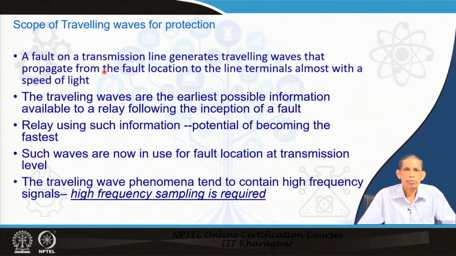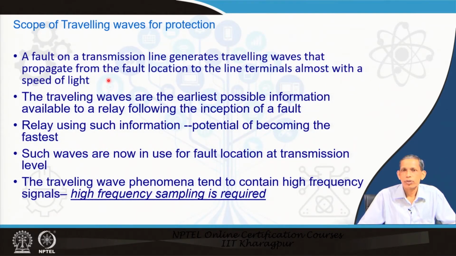Whenever a fault happens, the travelling wave propagates from the fault point to the line terminals, and this happens almost at the speed of light. The travelling waves are faster, and that is the reason they are the earliest possible information on the fault that reaches the relay location.